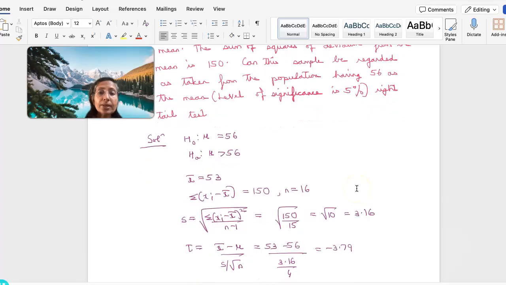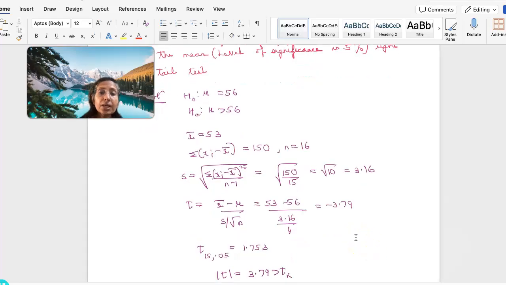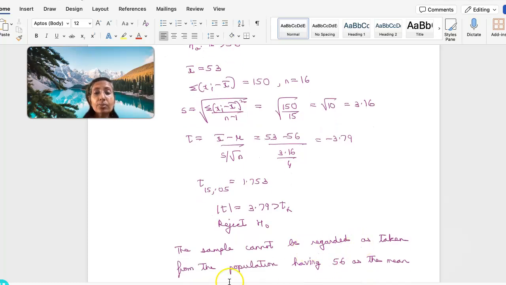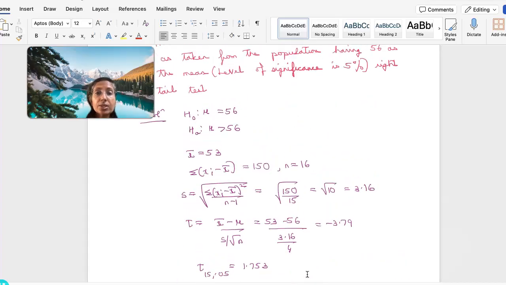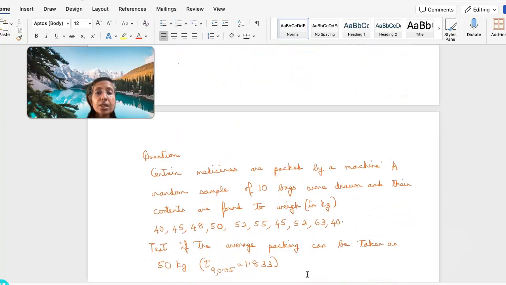And t is x bar minus mu by s by root n, that will be 53 minus 56 by 3.16 by 4, which is minus 3.79, and from the t table, t 15, 0.05 is 1.753, and mod t is greater than that, so we reject H0. So the sample cannot be regarded as taken from the population having 56 as the mean, because what is H0? Mu equal to 56.